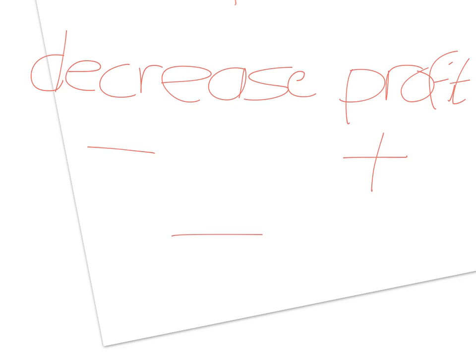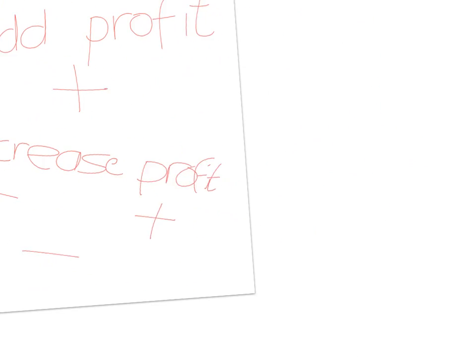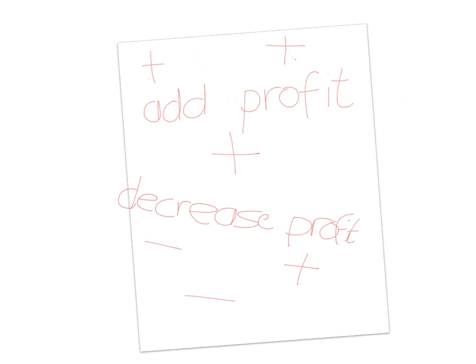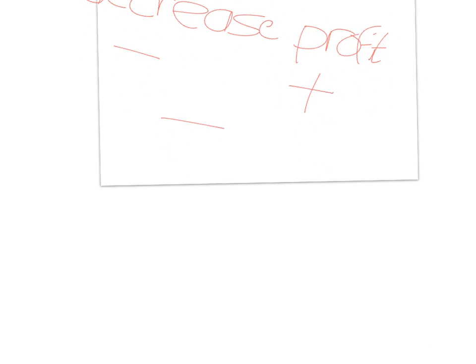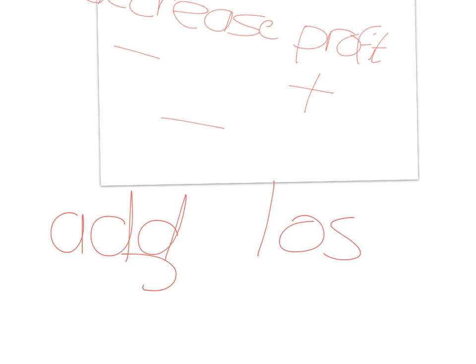Okay. Let's see if we can move this over somewhere. Can I write here? Let's see if it'll let me write. Okay, cool. So then, if we are adding a loss, so we wanted to sell it for $20 and we only sold it for $9, okay, so it's a loss of money. So if we're adding a loss, do we end up with more money?